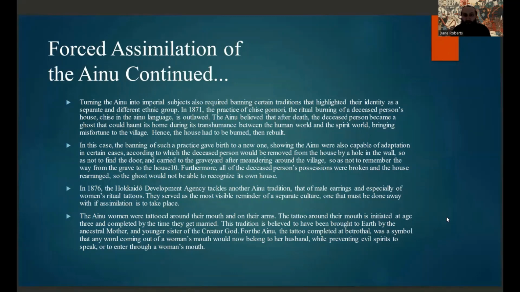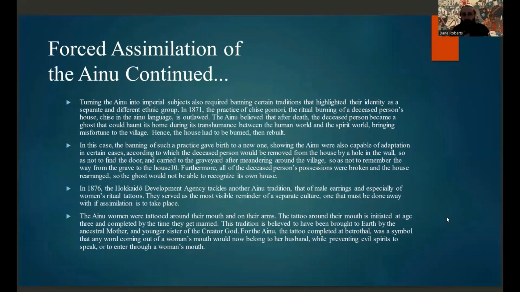The Ainu believed that after death, the deceased person became a ghost who would haunt its home during its transhumance between the human world and the spirit world, bringing misfortune onto the village. Hence, the house had to be burned.